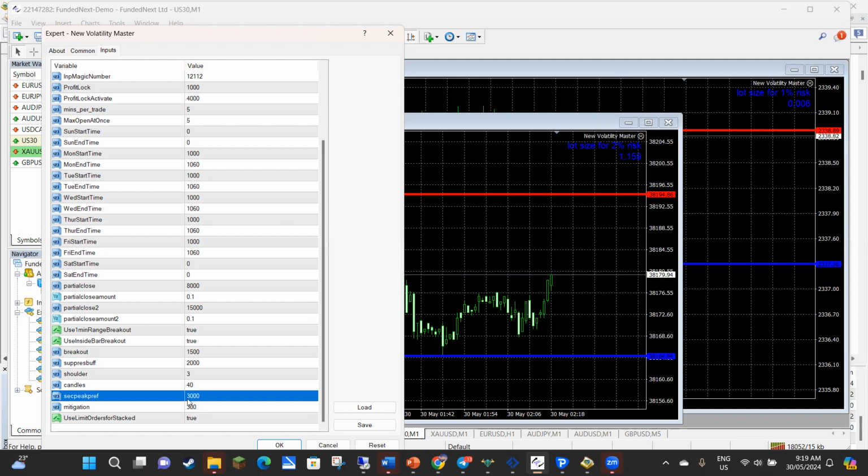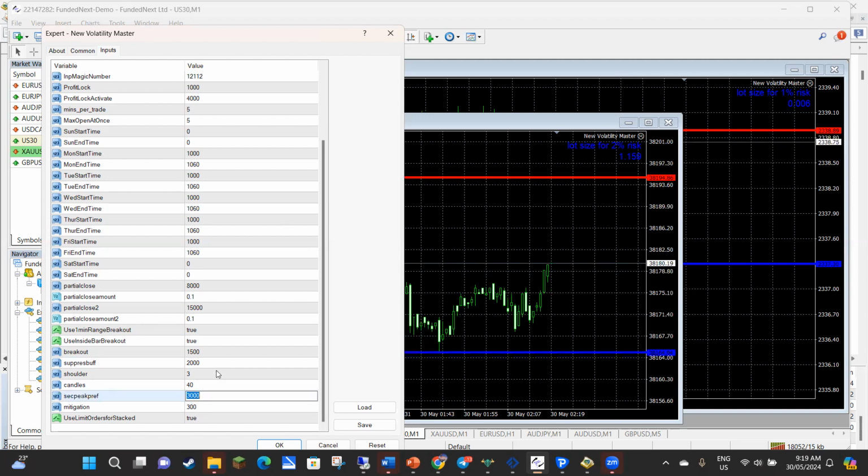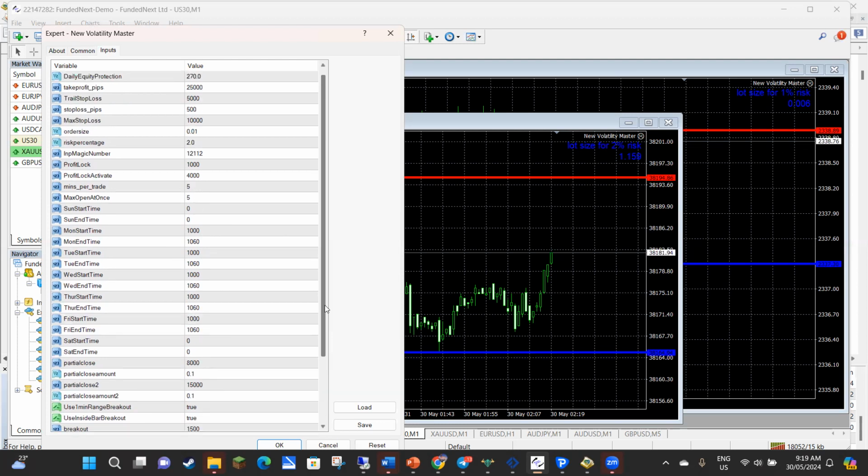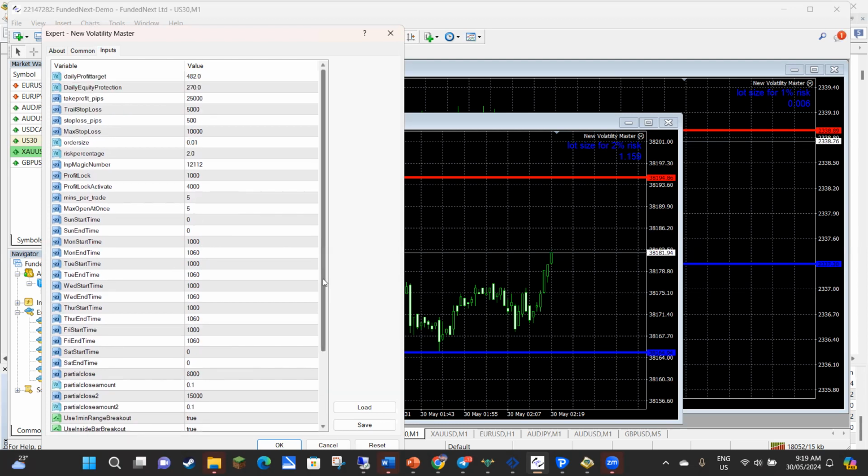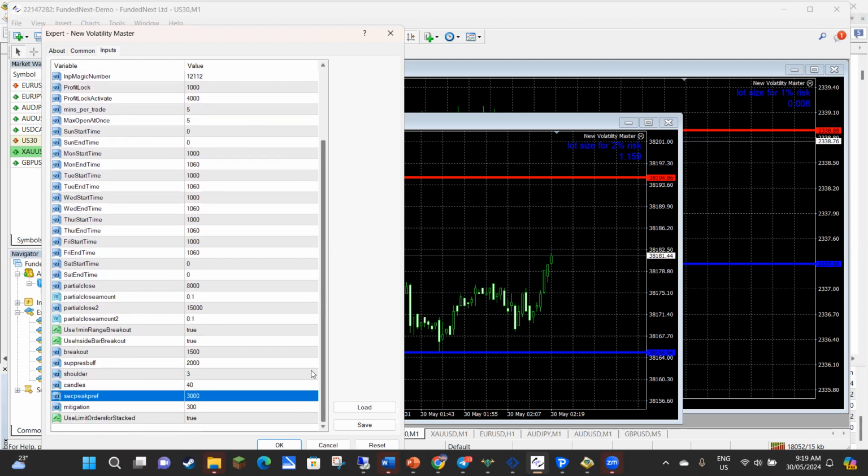So you've actually got another choice here that I missed. Anyway, what mitigation is, this is just on the extra stack trade, not the initial trade.